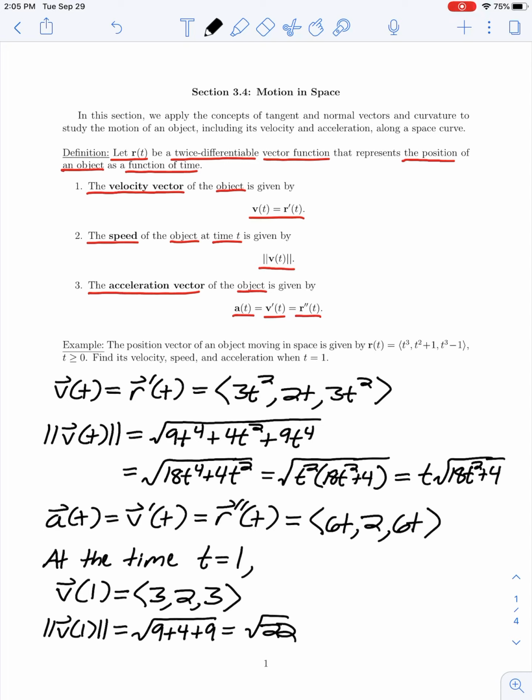Note that that's the same thing we would get if we substituted 1 into the general expression that we found for speed earlier. And our acceleration at time t equals 1 would be given by the vector 6, 2, 6.